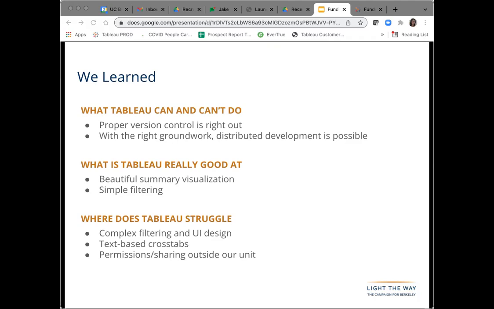The other thing that Tableau doesn't do very well is big text-based crosstabs. So dumping out big spreadsheets, Tableau is just not Excel. It's not a spreadsheet generation tool. And when you start trying to do that, things bog down really quickly. I don't know if you noticed when Tam was giving the demo, she said, well, I'm not going to go to the details page.